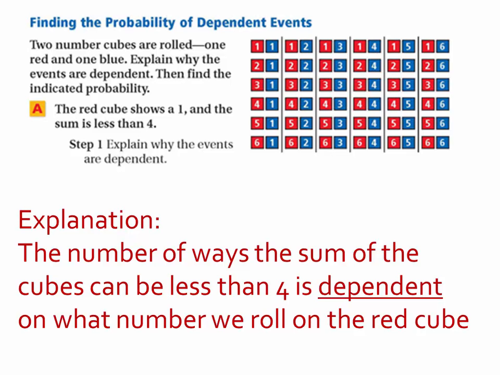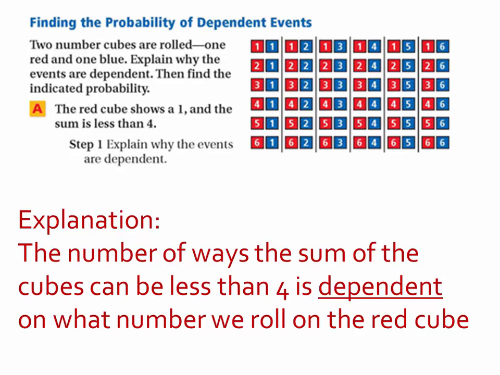Now, if we roll a 1 and we have 6 sides, how many of those numbers could we add to be less than 4? 2. We have red 1, blue 2, which makes 3, which is less than 4. Anything higher than that is not less than 4.